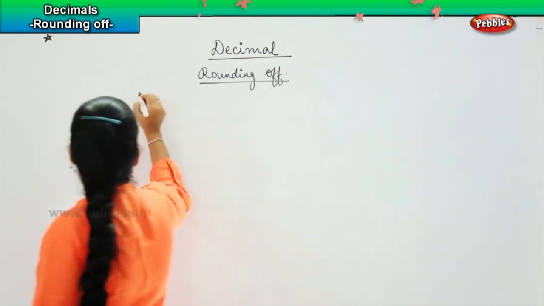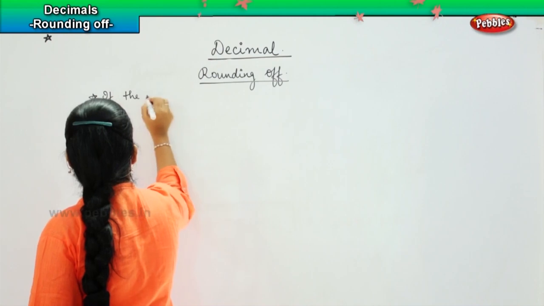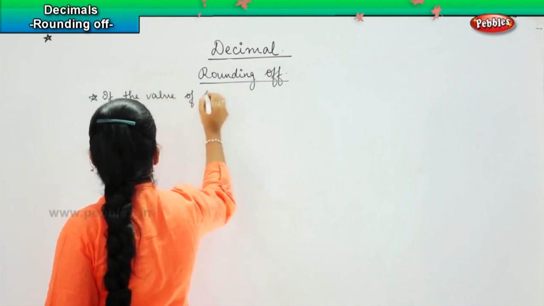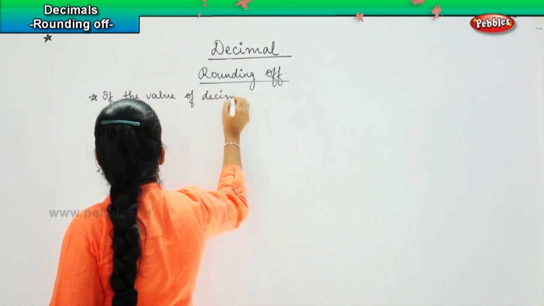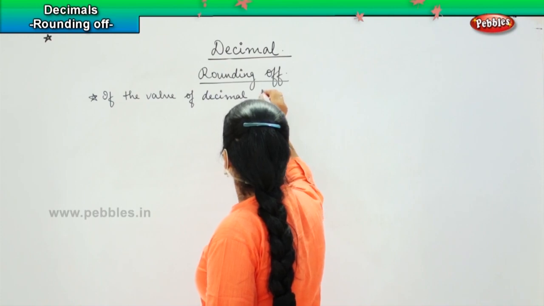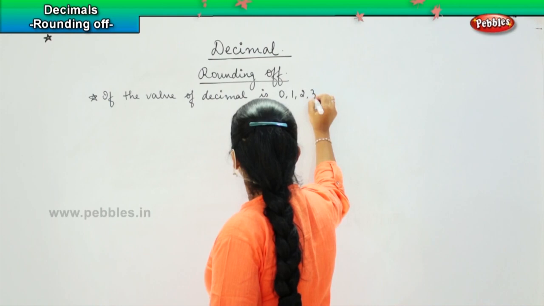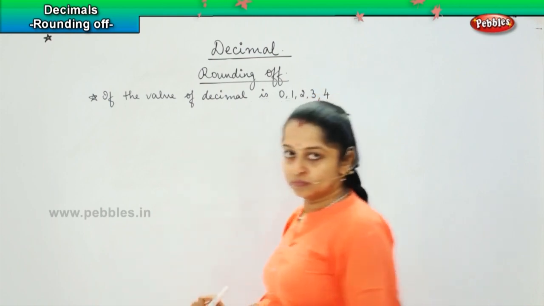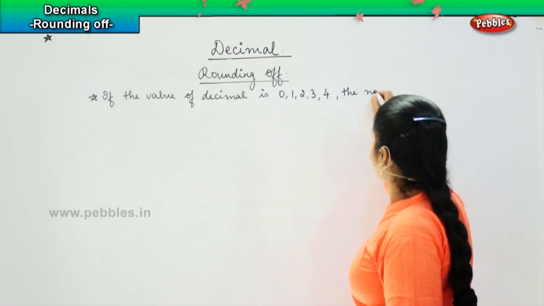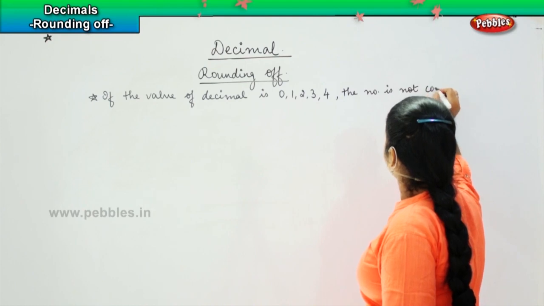So if the value of the decimal is 0, 1, 2, 3 or 4, the number is not converted.